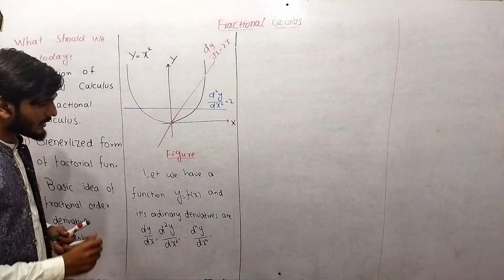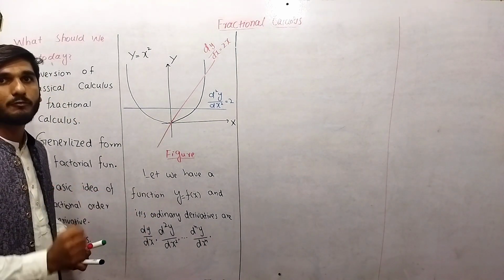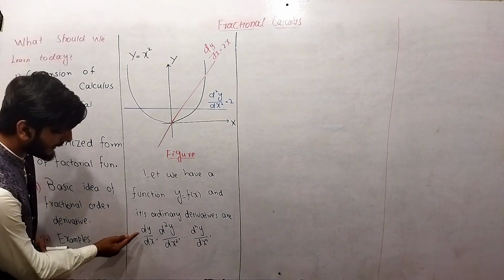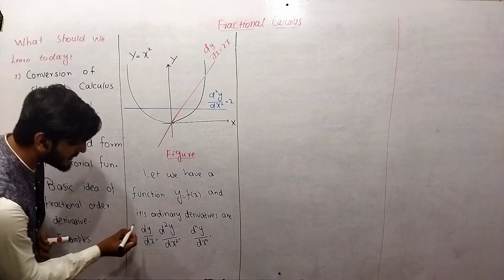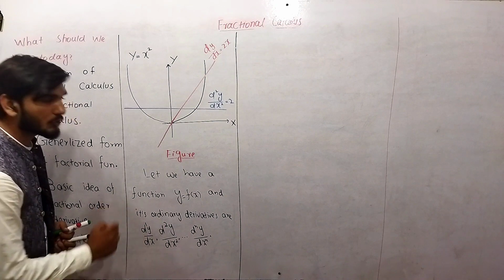Now we will discuss the fractional order derivative. What is the fractional order derivative? As we can see, the first derivative indicates first order, which is 1, and the second order derivative is 2.